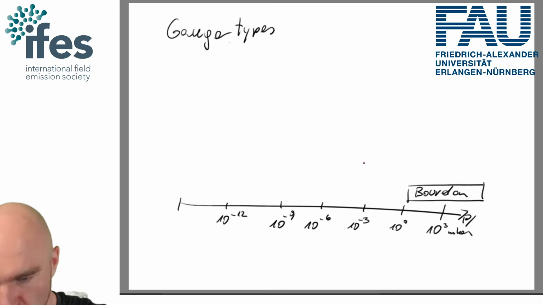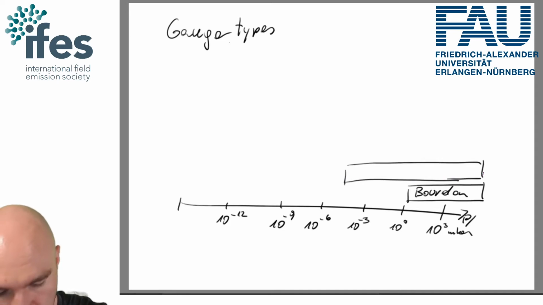Then from ambient pressure down to about 10 to the minus 4 to 10 to the minus 5, we'd have our Pirani gauges. And this is sort of slowly expanding towards lower pressures.